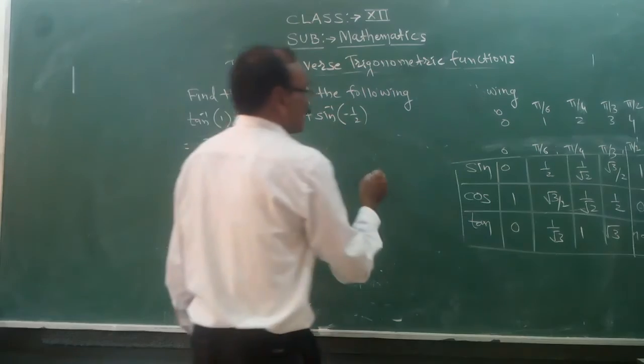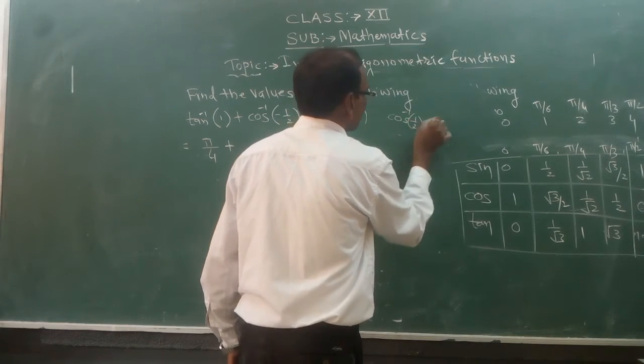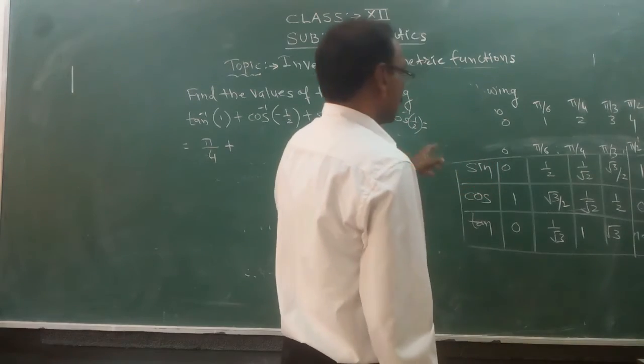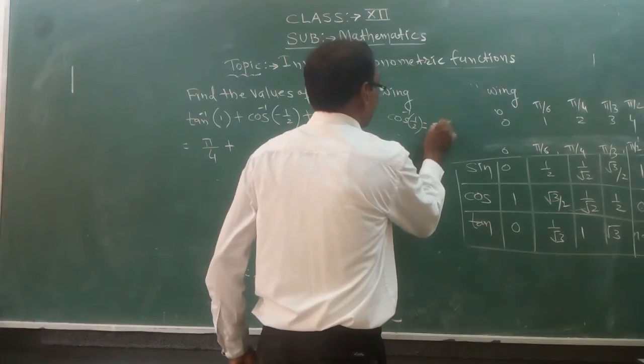Cos inverse minus half. What is cos inverse half? Cos inverse half is pi by 3. Now cos inverse of minus half, let this be y. So cos y equals minus half, equals minus cos pi by 3.